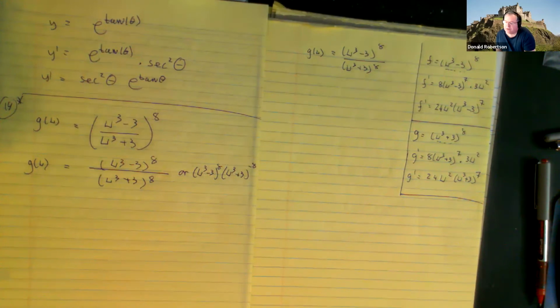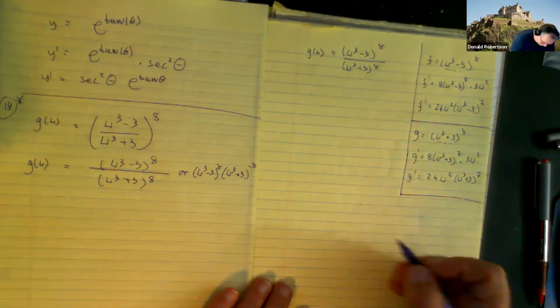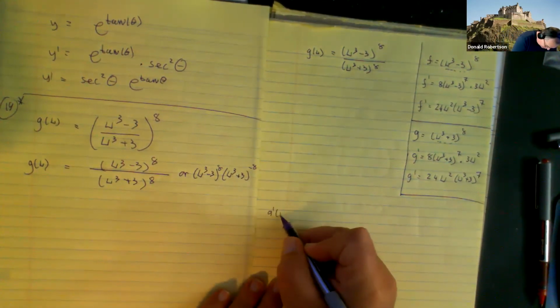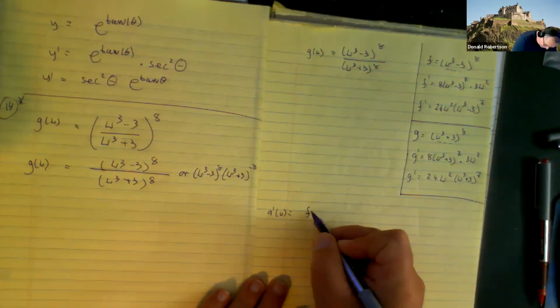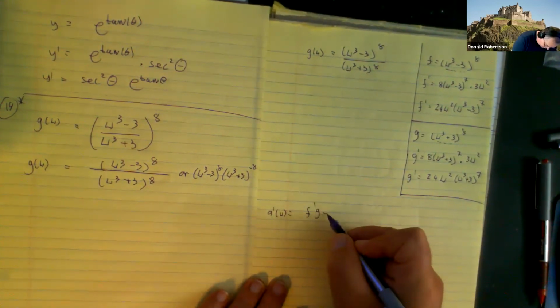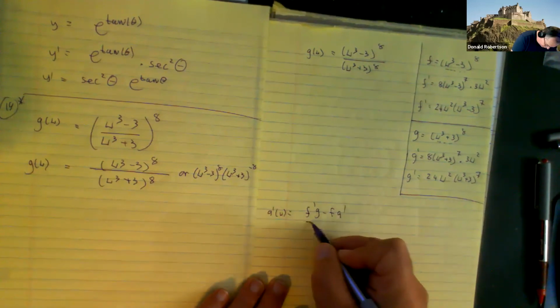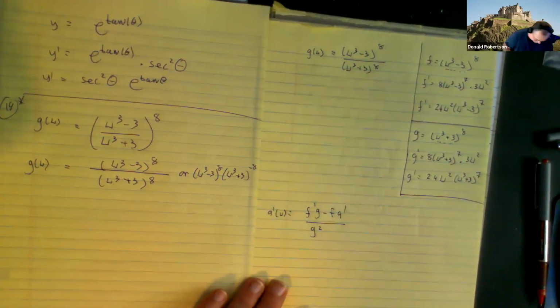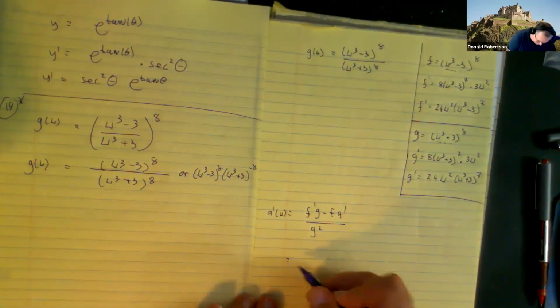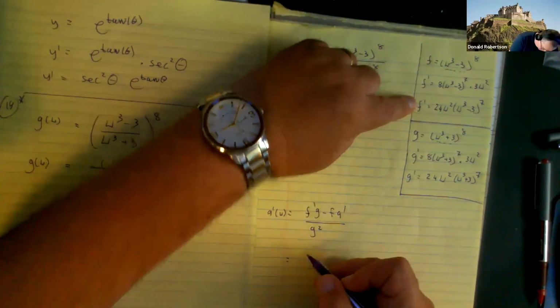Everyone looking good? Right. Now I'm going to do the derivative down here because I think I'm going to need a lot of room. f dash g take away f g dashed, all over g squared. I got this guy.